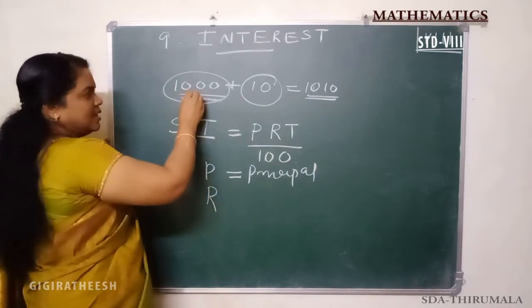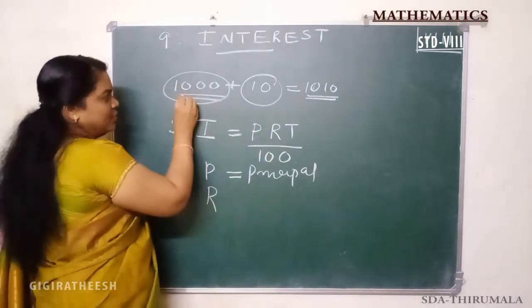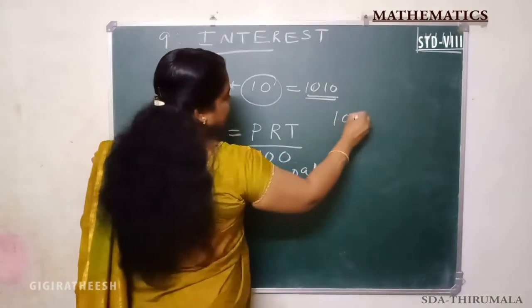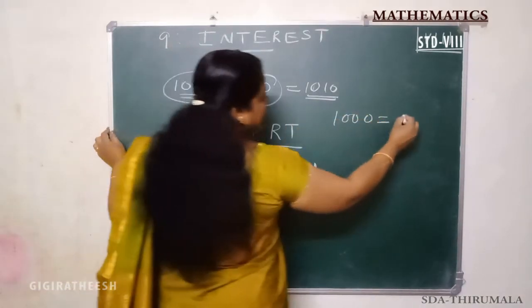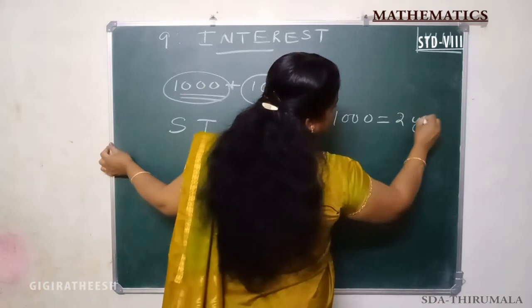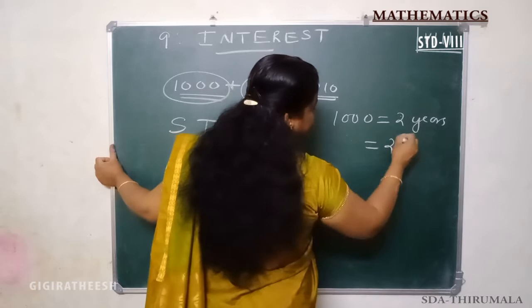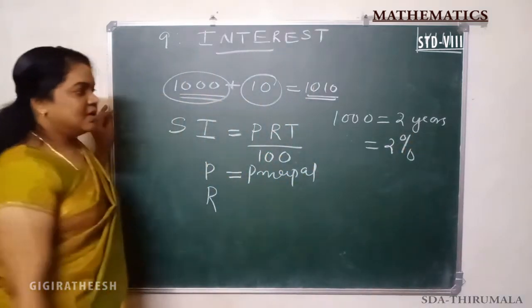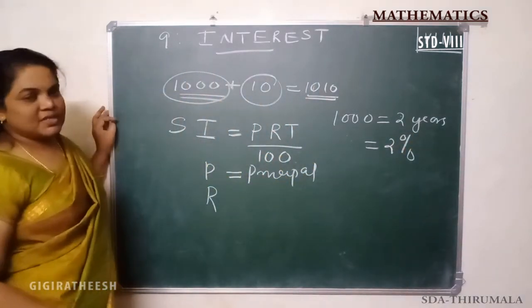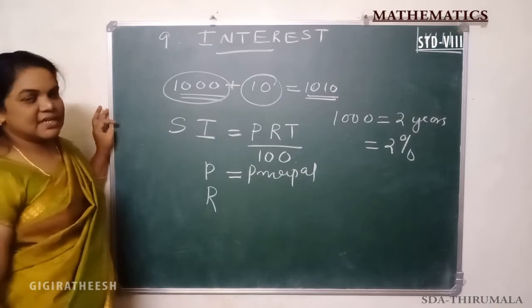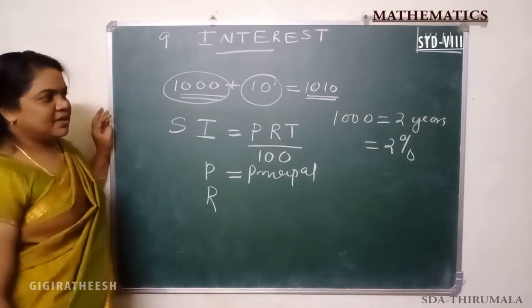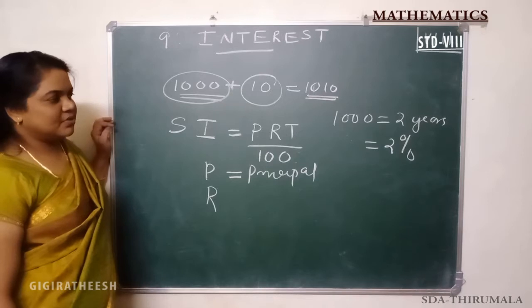For example, we are borrowing 1,000 rupees for 2 years at an interest rate of 2%. The total number of years is 2.